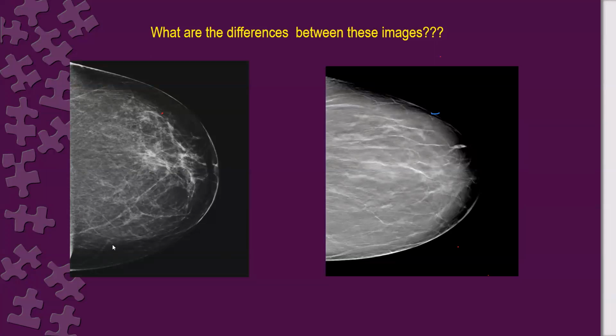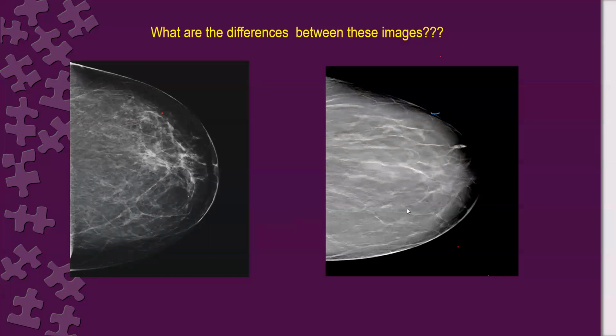Which one is better quality image between these two images? Right. So definitely there is nothing better than full digital mammography. So what could it be? Can you see this? Tomosynthesis? Contrast enhanced mammography?